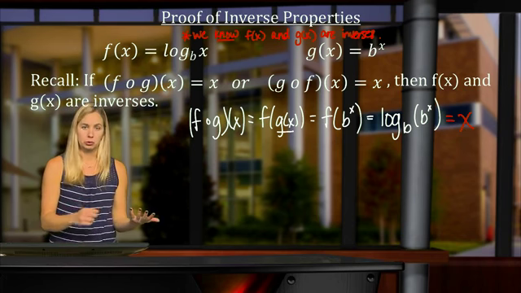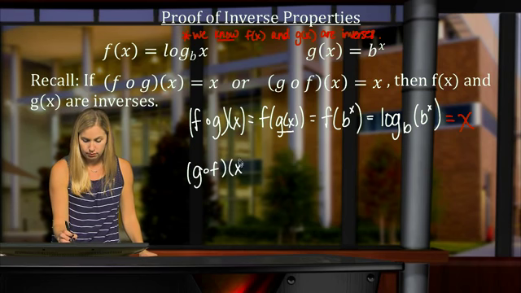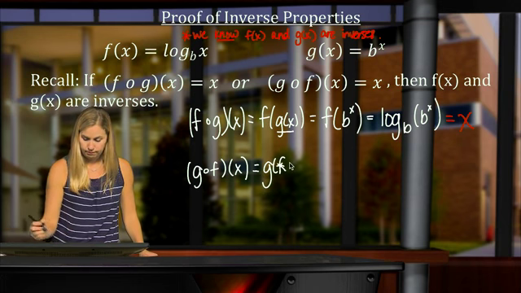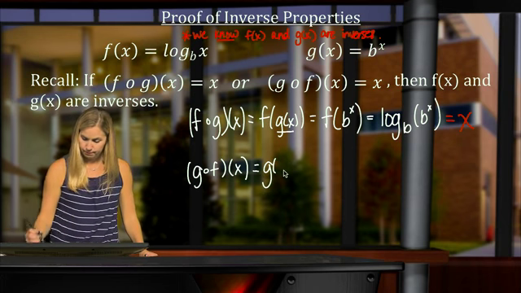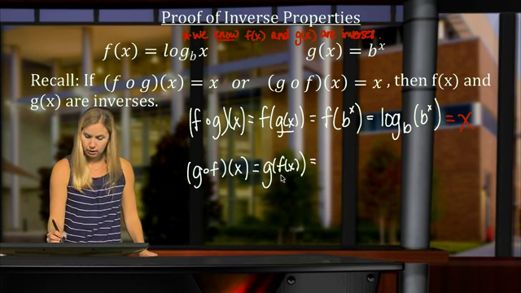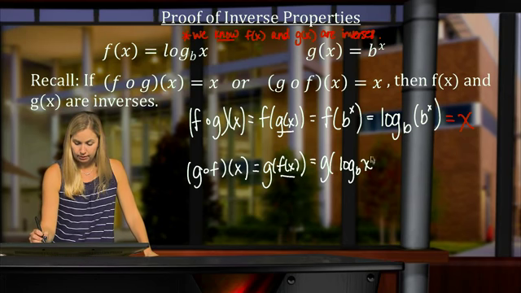Now we can go the reverse, where we find g of f of x. First, we're going to substitute f of x, so that is log base b of x.